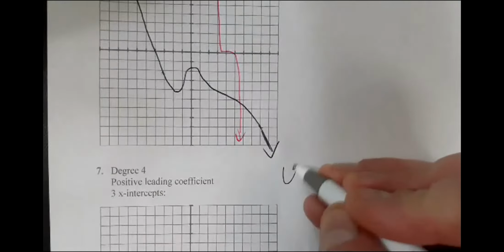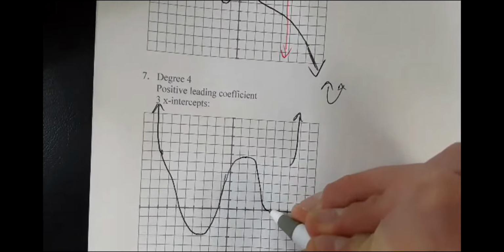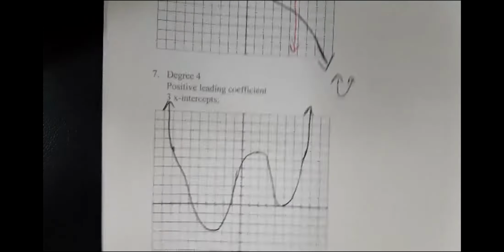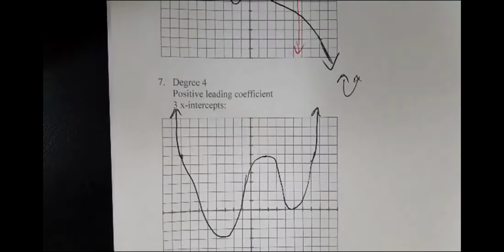So how do I do that? One thing that might be a little challenging, but I did it: I turn back around. So then I have 1, 2, 3 x-intercepts.